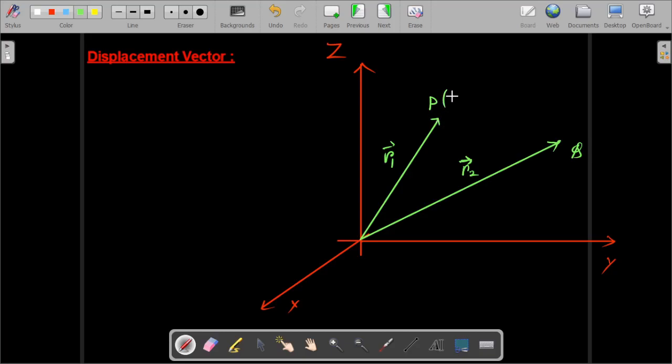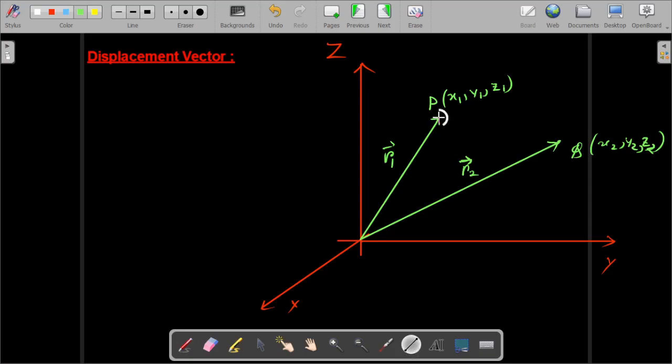Suppose the coordinates of this are x1, y1, z1, and this is x2, y2, z2. What will be the displacement vector between these points P and Q?